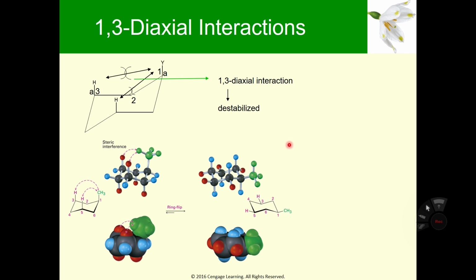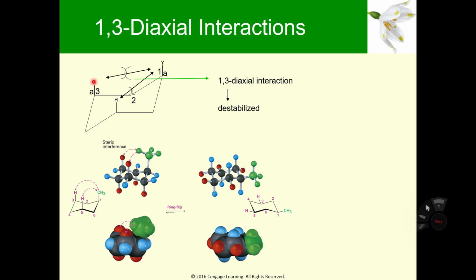We are going to talk about the 1,3 diaxial interactions. 1,3 diaxial interaction means interaction between diaxial substituents in 1,3 positions. For example, here you have 1 and Y is in axial position, and 2 and 3, you have 3 and H in axial position.